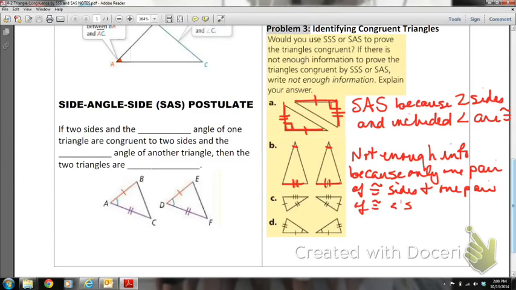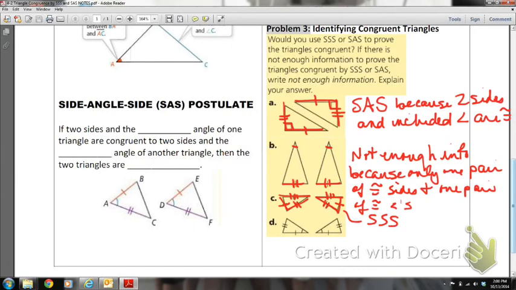In the third pair that we have three pairs of corresponding sides that are congruent. There's one pair of corresponding sides, two pair, and the third is also. So for this one, we're going to use side, side, side, because you have three pairs of corresponding sides that are congruent.